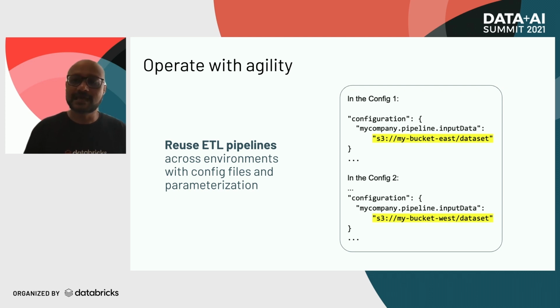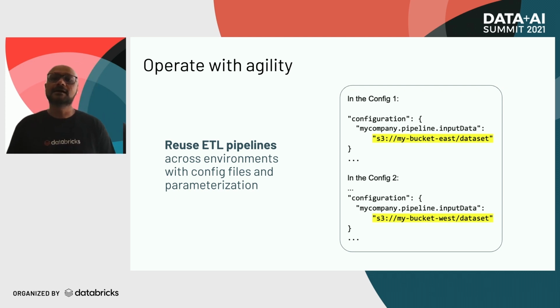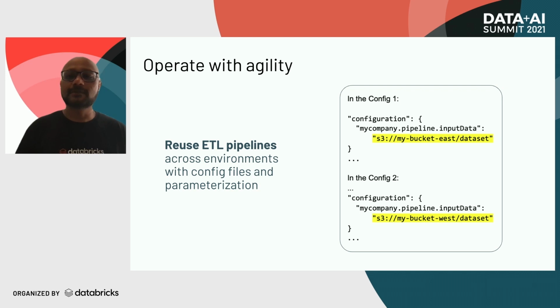In this particular example, in one instance you might be reading data from a file, and in the second configuration you can switch it, using the same code, to read from a different source, right? So it makes your whole pipeline dynamic. It reduces the amount of code you need, and it makes it much simpler to deploy the same code in multiple environments, maybe dev, test, production. It becomes far simpler to do it that way.